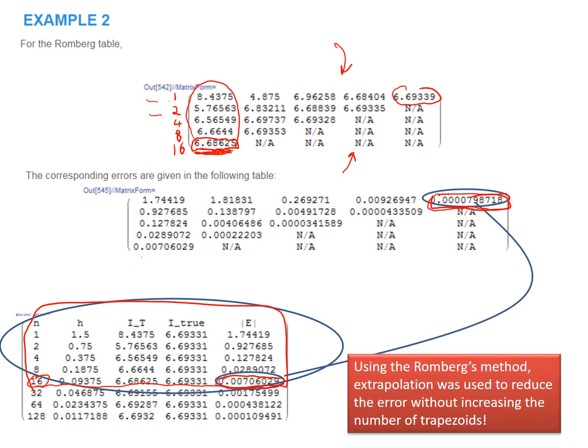So, using the Romberg's method, extrapolation was used to reduce the error without increasing the number of trapezoids.